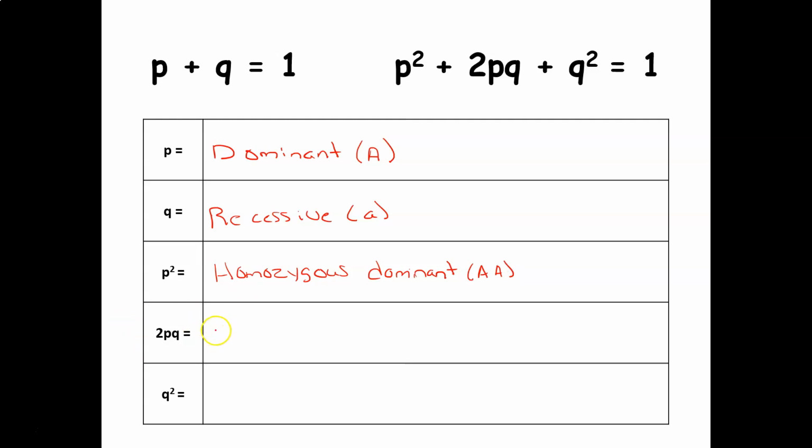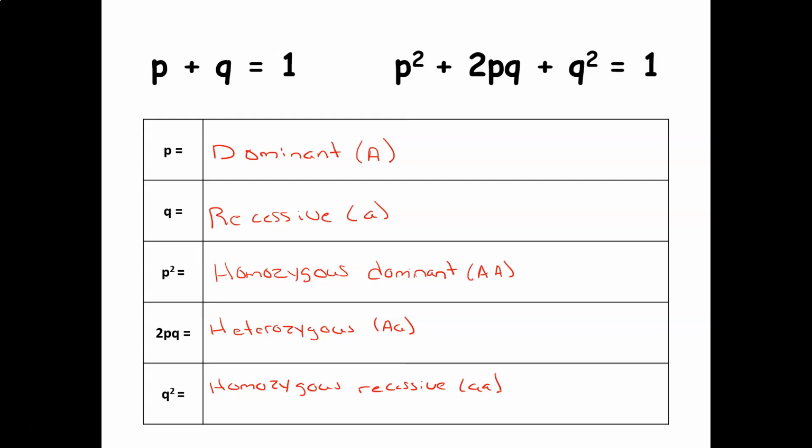The 2pq is somebody who is heterozygous, so they have 1 of each. And q² are my homozygous recessives, so they would have 2 lowercase letters.